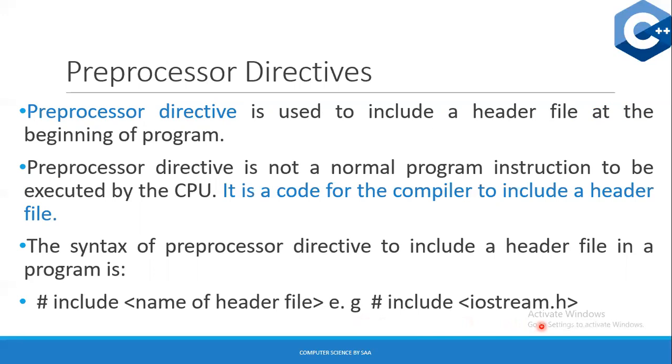If I have to include 3 header files in a program, I will write 3 preprocessor directives, each preprocessor directive for one header file. If I have to include iostream, conio and math.h at the same time, we will write hash include iostream.h. In the next line, I will write hash include conio.h, and in the third line, I will write hash include math.h.